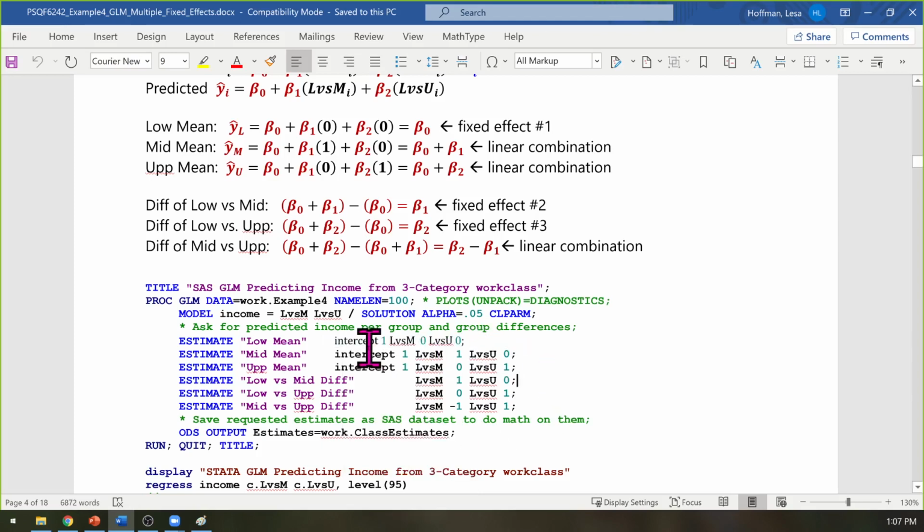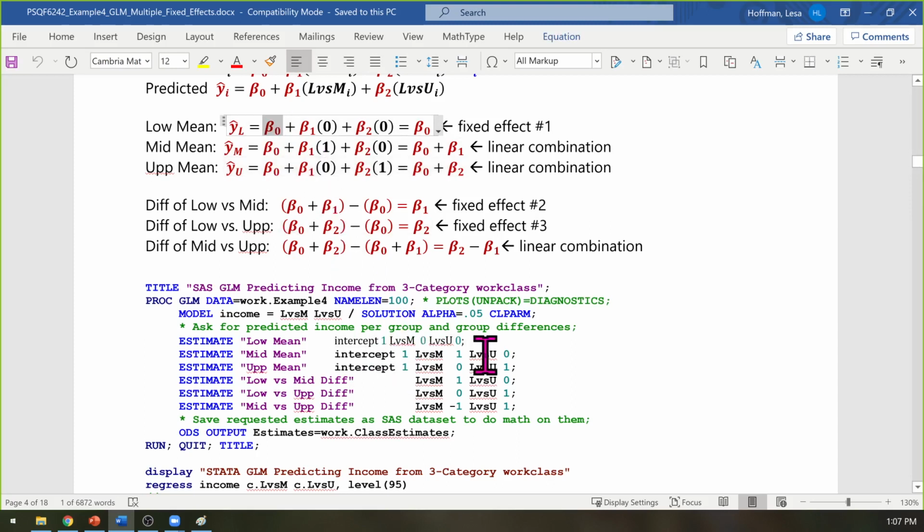Who knew? So the word intercept refers to beta 0. Whatever beta 0, the fixed intercept, is going to become, whatever value it is, that's what it's going to take. And everybody gets a beta 0 as part of their predicted outcome, which is why there's a 1 behind it.